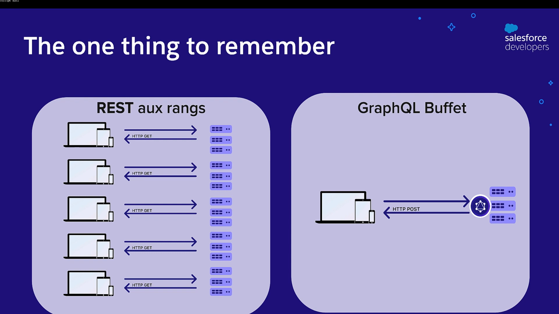GraphQL is more like a buffet where you, as a client, as a customer, will have to request the data you want. Basically, you will have to walk in and pick the data you want, and you are not stuck to a defined list of items from a menu. So that's a good analogy for you to remember the differences.